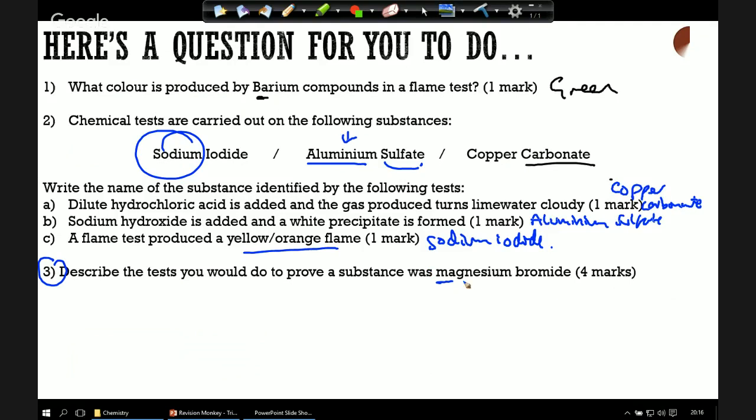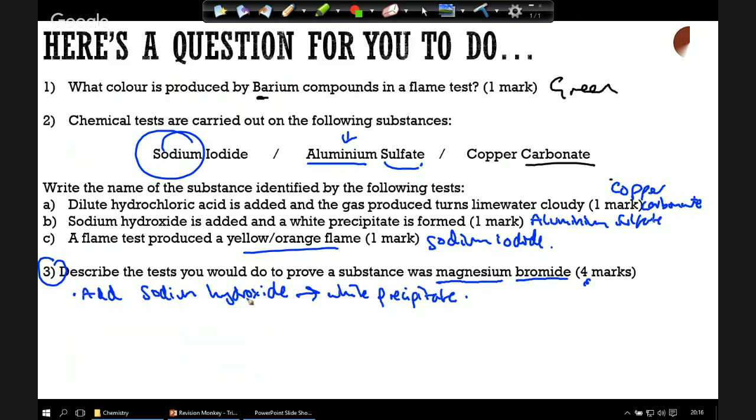Well, first of all, you have to prove the magnesium bit and the bromide bit. So talk about the positive ion first of all. It's worth 4 marks. So first of all, for the positive ion, you need to add sodium hydroxide. And you would get a white precipitate. Precipitate just means the solid that's formed, okay?